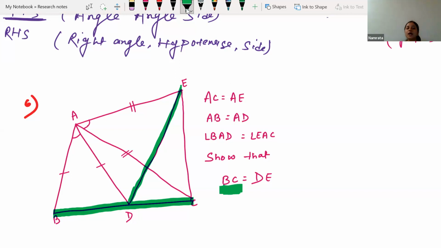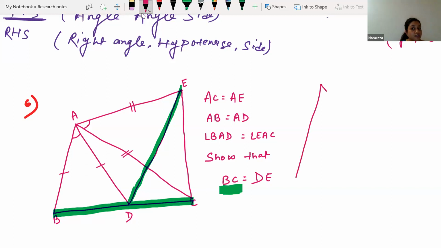So if I am looking at this side BC, what I'm thinking about is triangle ABC. Can you see triangle ABC? We have to take such a triangle so that side BC must be there. Everybody? Yes, ma'am. So I am thinking about taking triangle ABC.